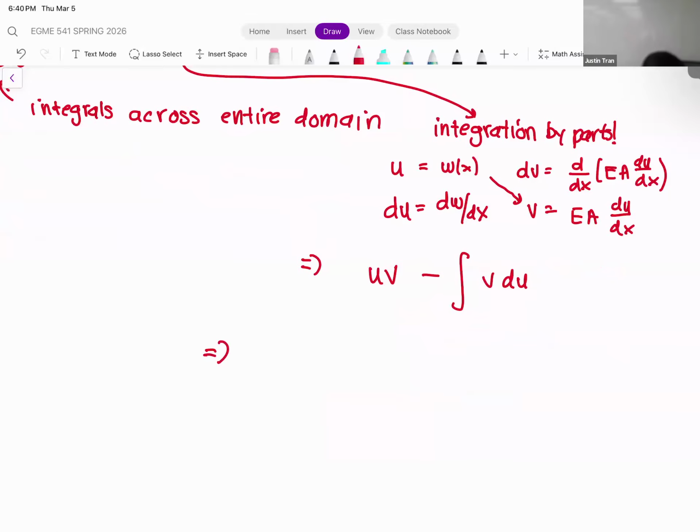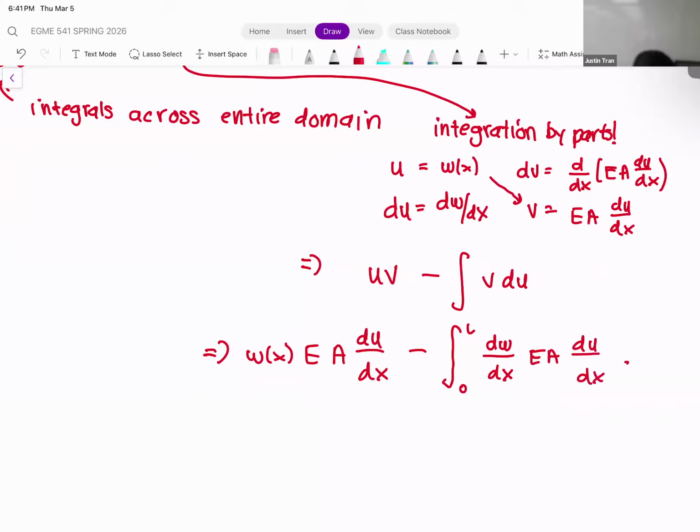And so we do that. We get w of x multiplied by EA times du dx, minus the integral, and we're still integrating from 0 to L, of dw dx multiplied by E times A du dx, dx.